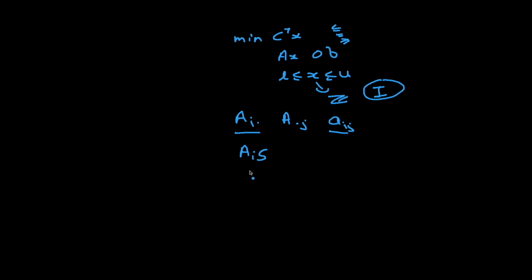Okay, so that's ith row, but not on all variables. We are only looking at the coefficients of variables that are in this particular set S. Okay, so that's rows and columns, and I'll introduce something that I missed if I need them.